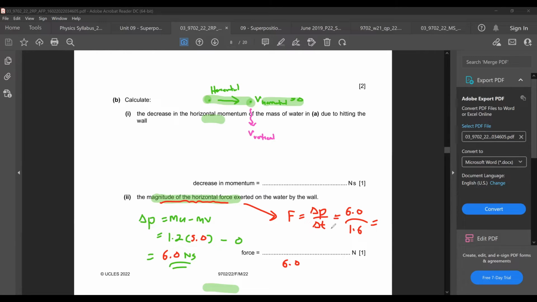I use 1.6 because the change in momentum that I found involved the 1.2 kg mass of water, and that involved a time of 1.6. So I'm using that same time here. 6 divided by 1.6, you're going to get 3.75 Newton. Okay, so this one is 3.75 Newton.